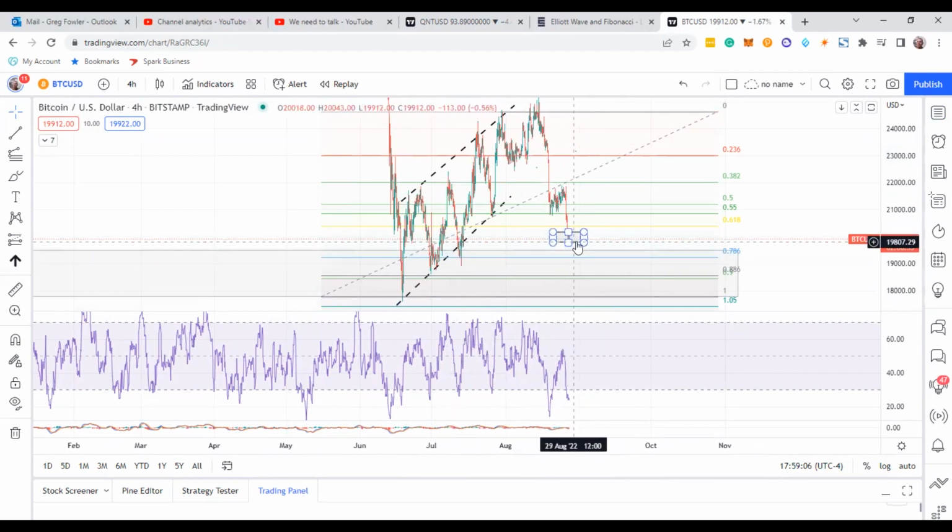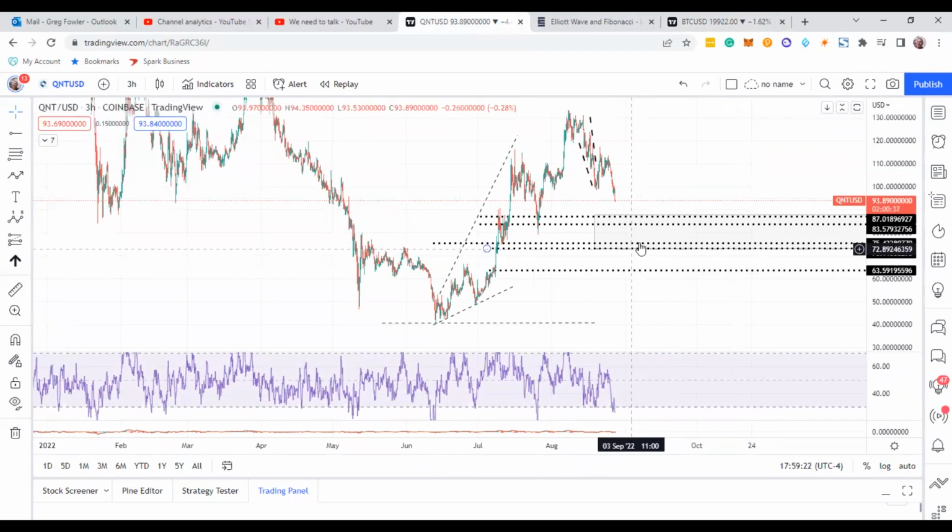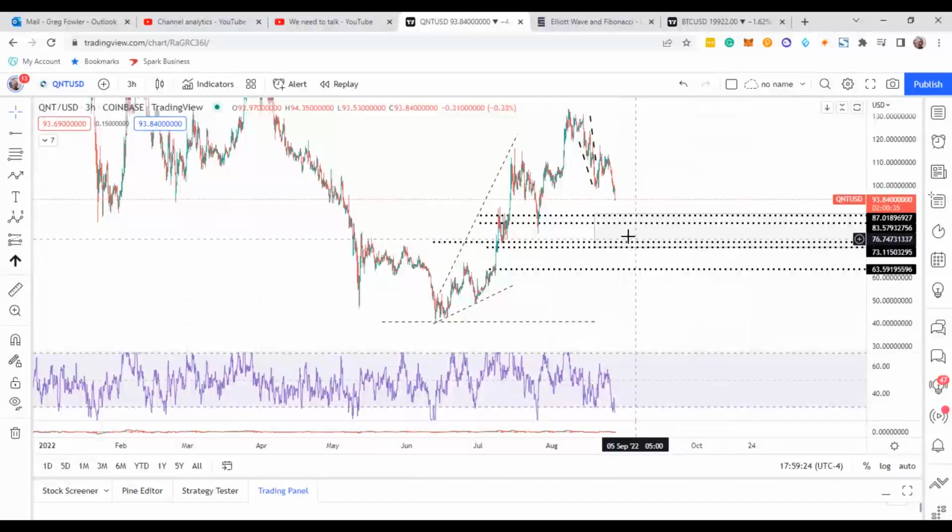And if Bitcoin is just going to hang out right in this area and then maybe wander down here, that'll give plenty of time and momentum to the downside for Quant to eventually make its way down there and get to a reasonable price area. Obviously, if you want to get into this, the lower the better.